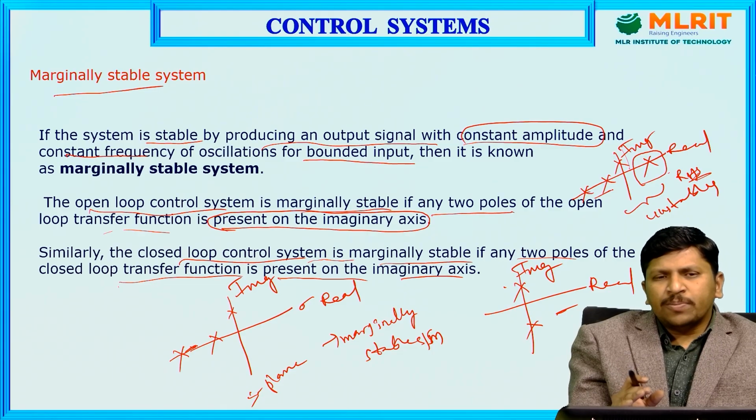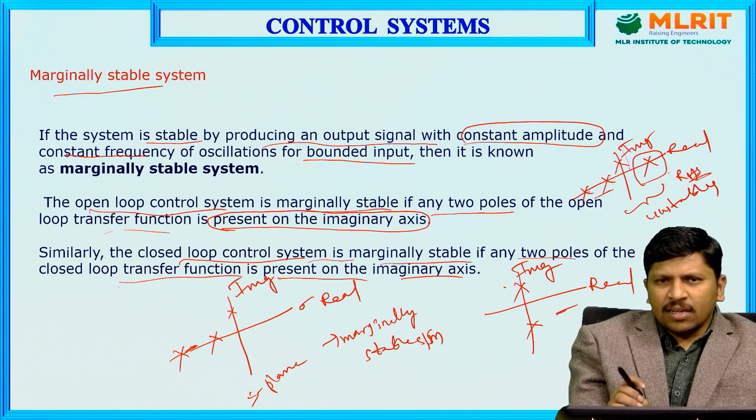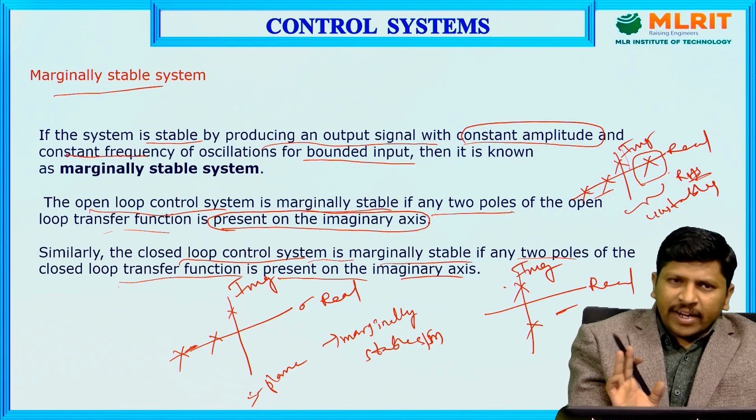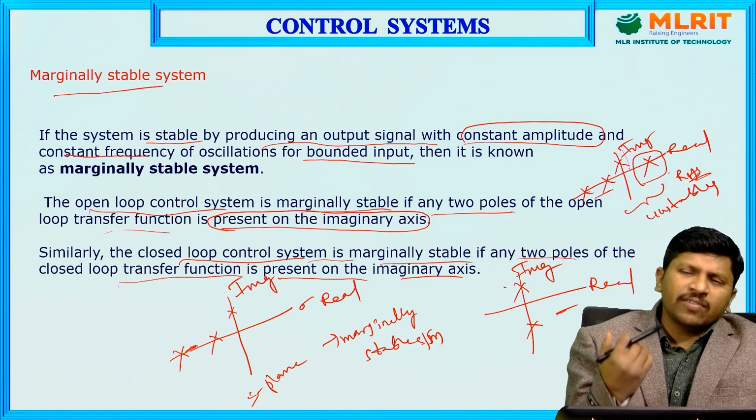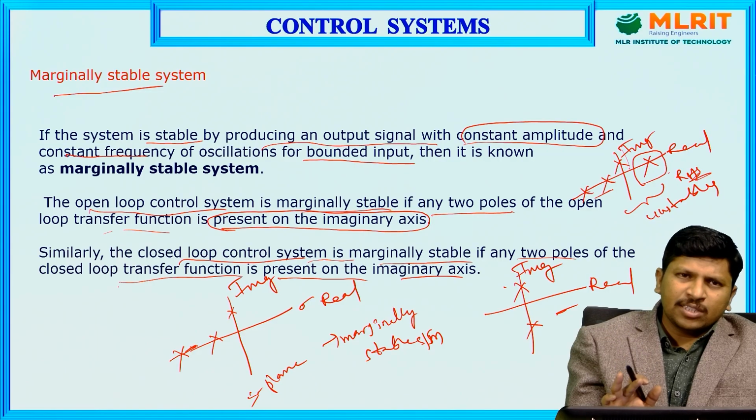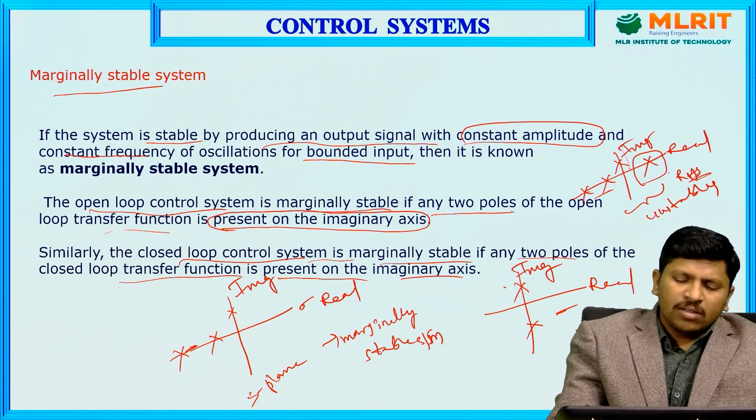If poles are present on the imaginary axis and also at least one pole is present in the right half of the S plane, then that type of system is nothing but an unstable system.